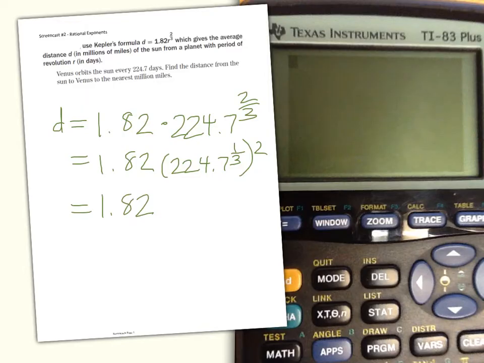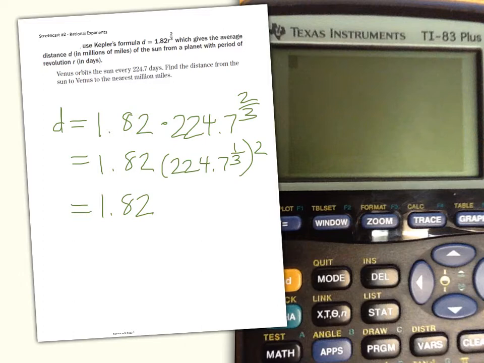As you can see right here, I have restated it. We've replaced r with 224.7. But I want us to see what we've done here. Remember, what we learned in class is that all you need to do is change 2/3 into two different exponents, because we know 2 multiplied by 1/3 would still give us 2/3 in the end. As you can see here, I've taken this 2 that was in the numerator and, off with its head.